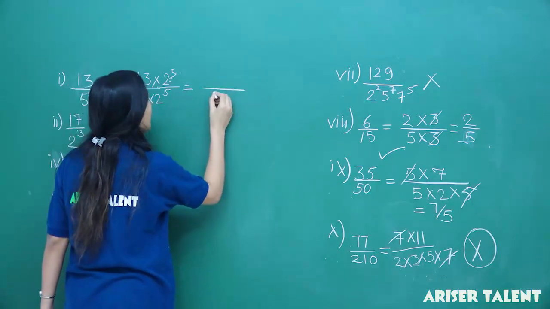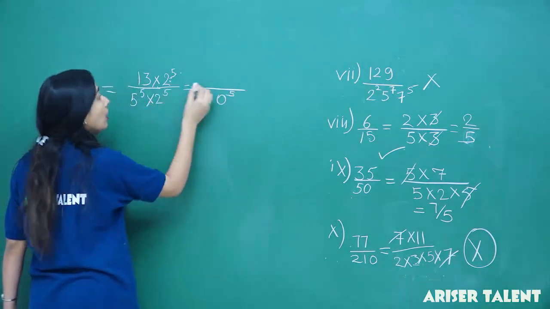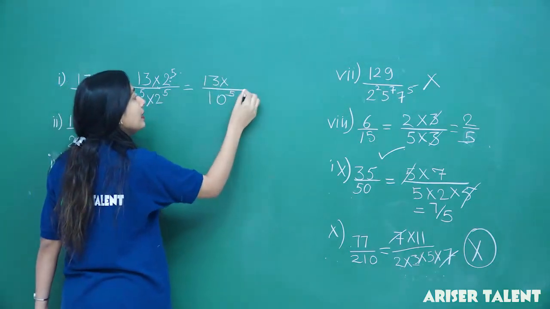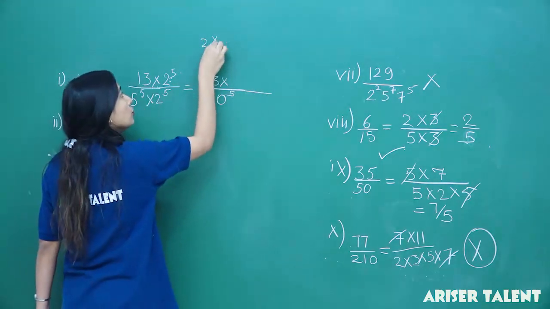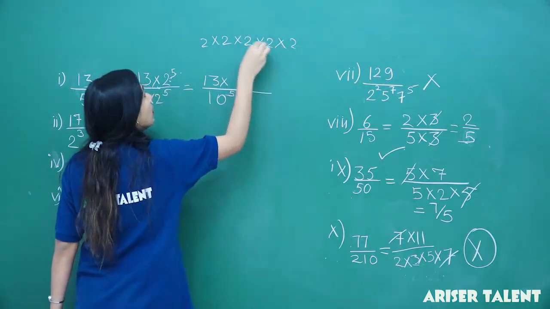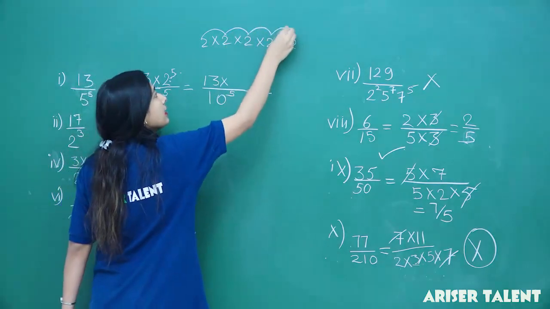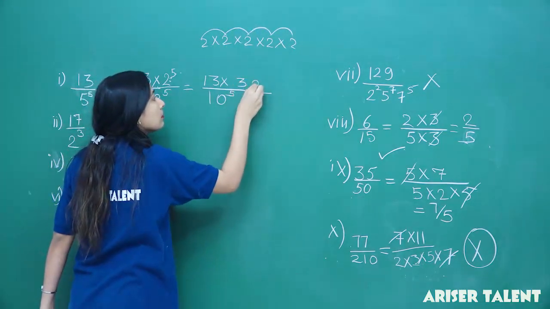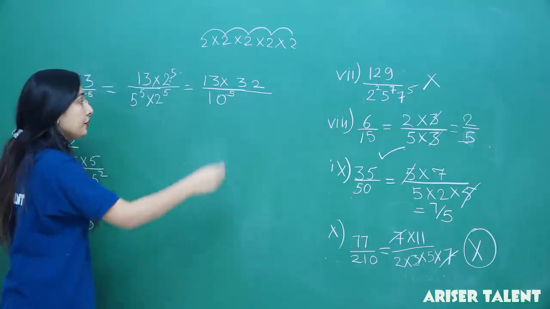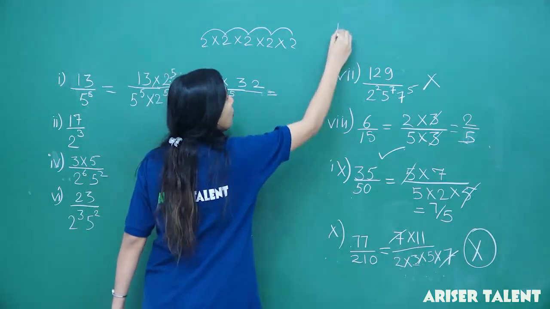Now the denominator will become 10 raised to power 5. Now 13 multiplied by 2, 2, 2, 2 and 2. 5 times 2, 4, 8, 16, 32. So it will be like this. Now again solving it.